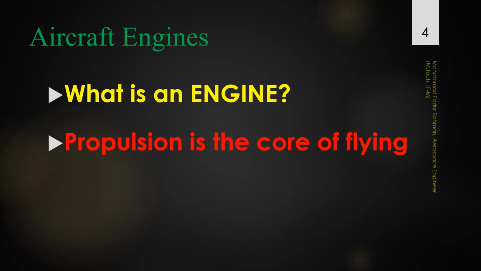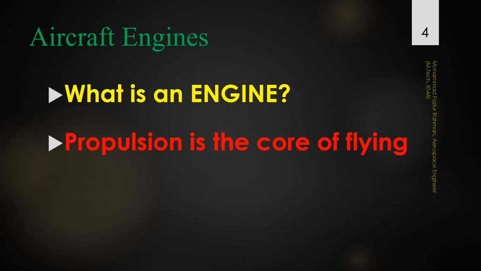So the thrust produced by this bulky engine was not good enough to take it along with the other parts of the vehicle and get airborne. For flying, what is required is not just high thrust but a different parameter, which we call the thrust to weight ratio.